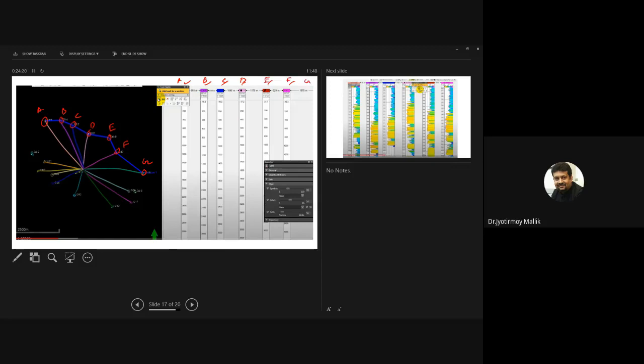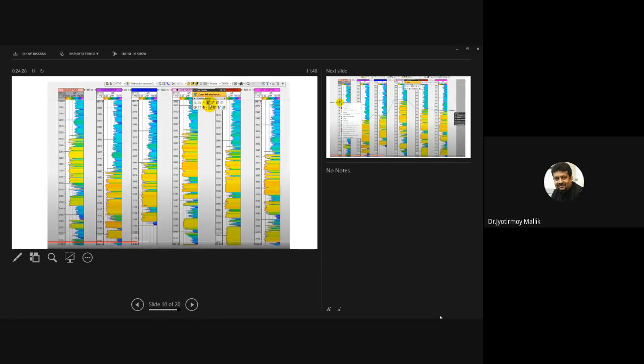The column is not shown. So I'm displaying the wells one after another. And the log that is generally used for such correlation is the gamma ray log, because that has the information of the lithology.